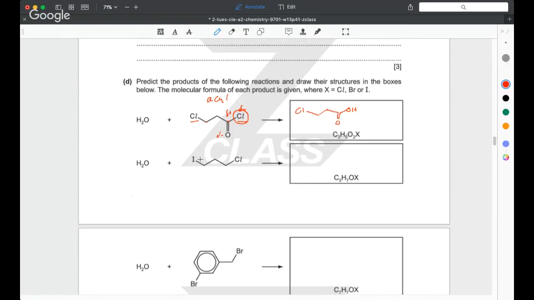Next one, you've got to choose between these two halogens. Now, one of them is going to get left behind. Which one is going to react? Well, we looked at that earlier on. I said that was the key that unlocked this question. The bond strength between carbon and iodine is less than the bond strength between carbon and chlorine. So that's the stronger bond, that's the weaker bond.